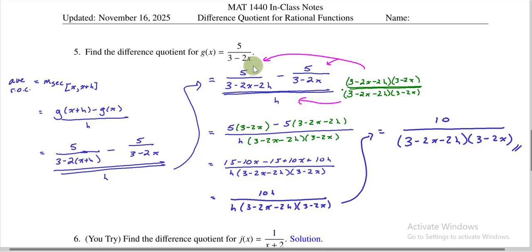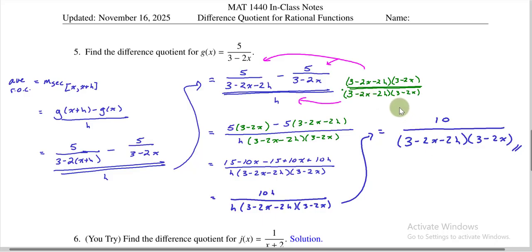So we replace all of the x's in the first expression with x plus h, like we did right here, copying it over as the second expression. And then every single time you do the difference quotient, you get to here, and you have some trick that you have to perform to try to clean it up. The trick that we're performing this time is to clear out the minor fractions by multiplying by the LCD of the minor fractions over itself.